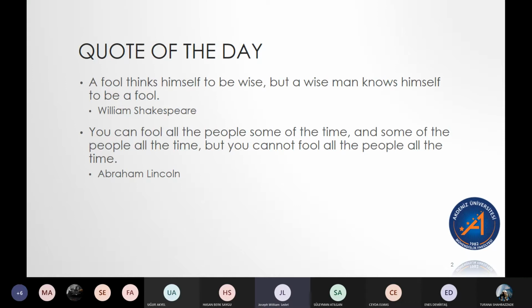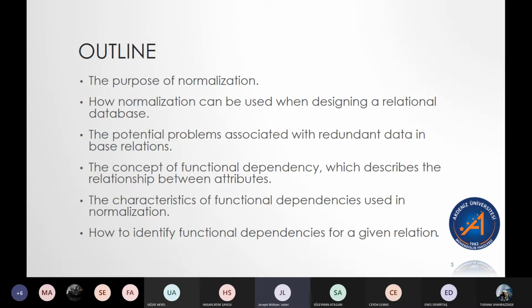All right, but what we're here to talk about today for real is normalization, right? Some of the key parts of what we'll talk about are functional dependencies, understanding what a functional dependency is. We talked about this on Tuesday, but I would like to go over it again because it is an important concept, and how to identify them.